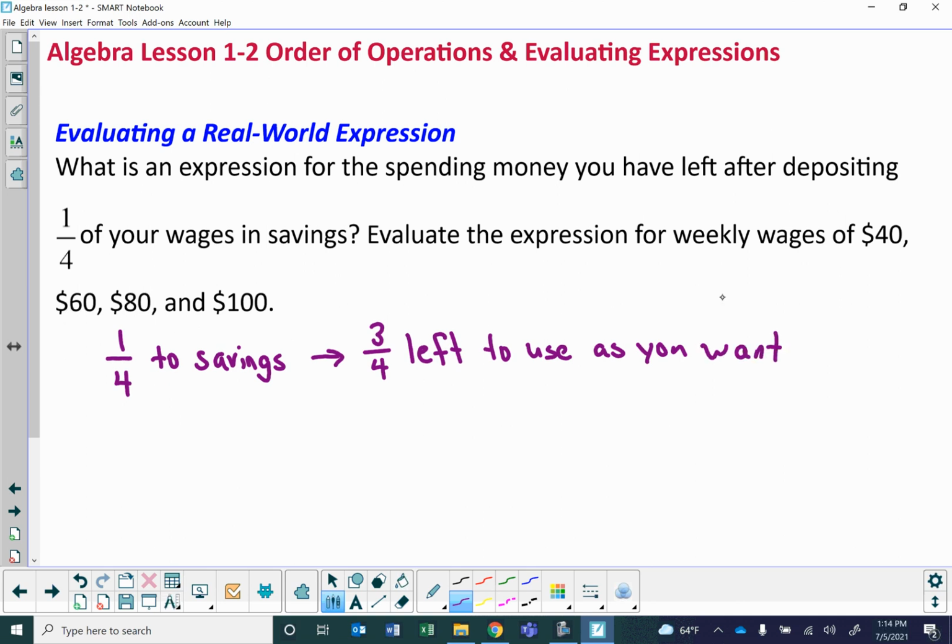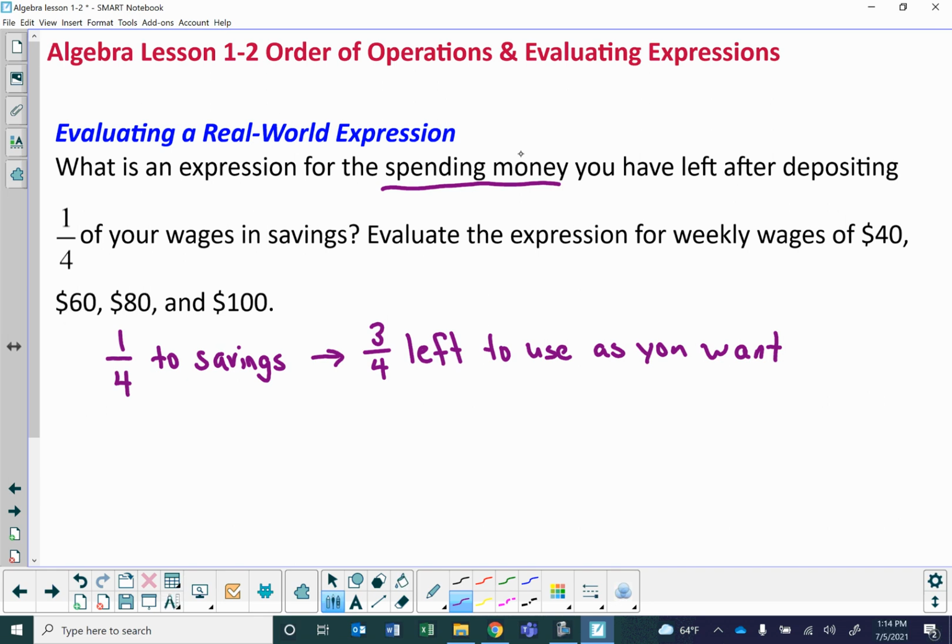And in this case, that's our spending money. So we're supposed to evaluate the expression for the spending money we have left. If my weekly wages was $40, how much spending money would I have left? If my weekly wages was $60, how much spending money would I have left? If my weekly wages were $80 and then weekly wages were $100.